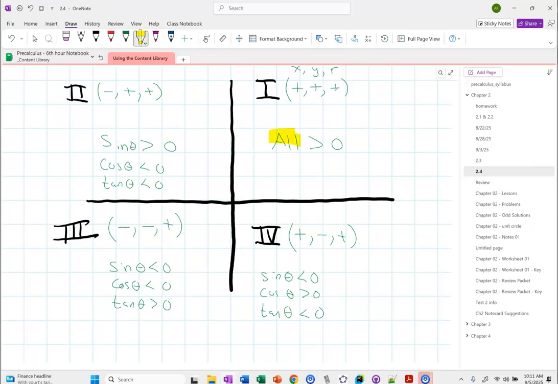If I look at just the parts that are positive: all, A; sine, S; tangent, T; cosine, C. And then I created a silly mnemonic device to remember these.